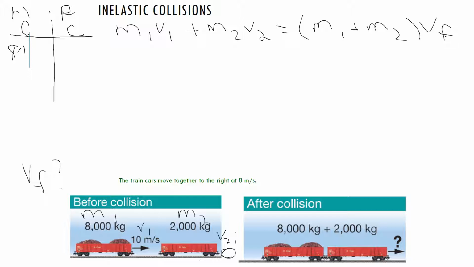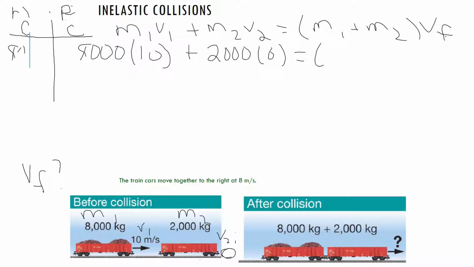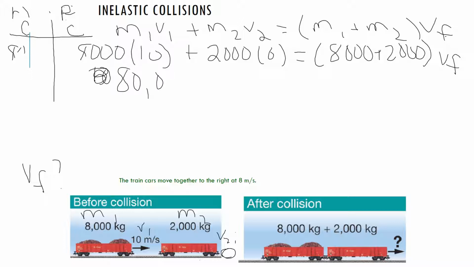All right, so I'm going to plug in my numbers. I have 8,000 times 10 plus 2,000 times 0 equals 8,000 plus 2,000 VF. So 8,000 times 10 is 80,000. 2,000 times 0 is 0.